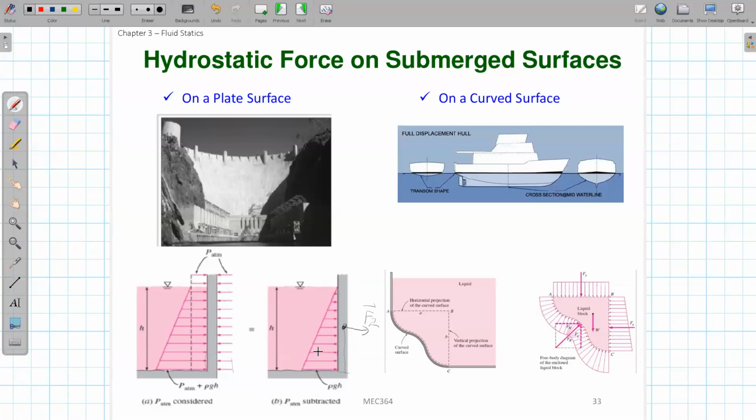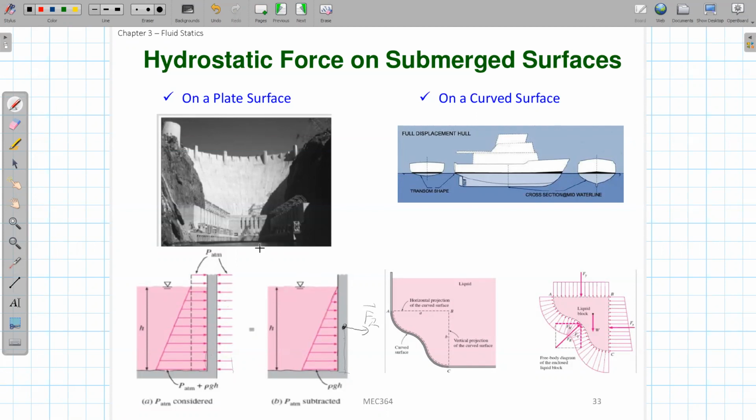This force is called the resultant force, and the point where this resultant pressure force applies we call the center of pressure. So we need to find where the center of pressure is and what the resultant pressure force is for this problem. This is the first kind of problem.